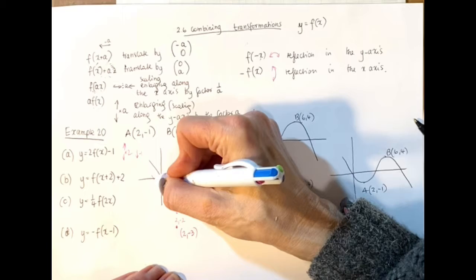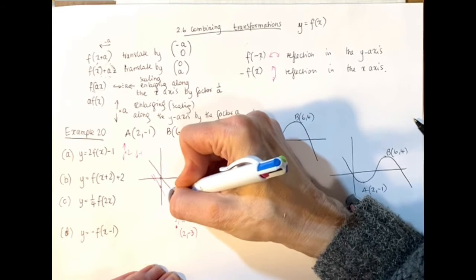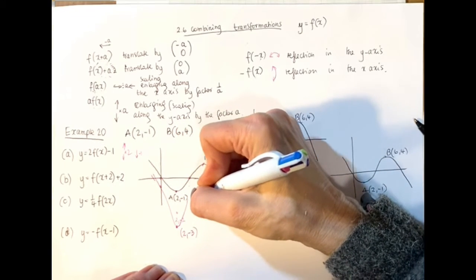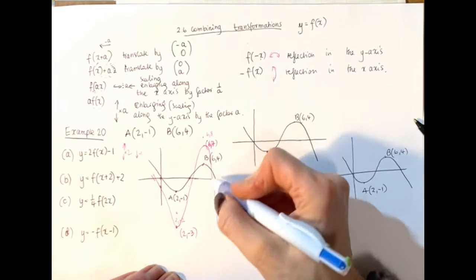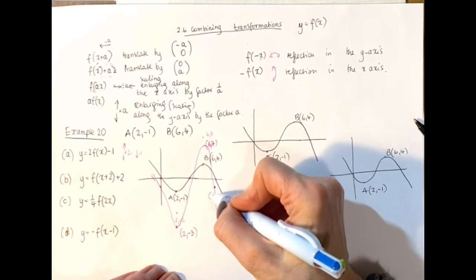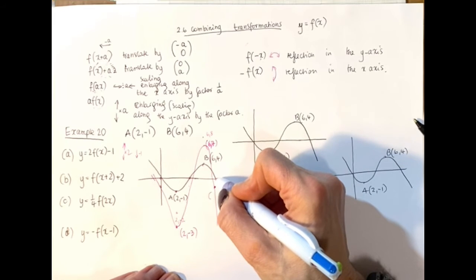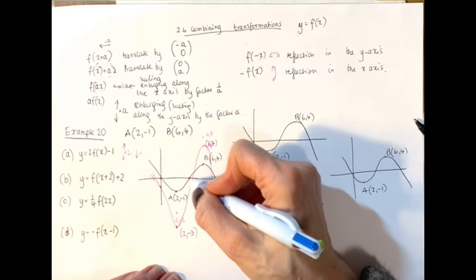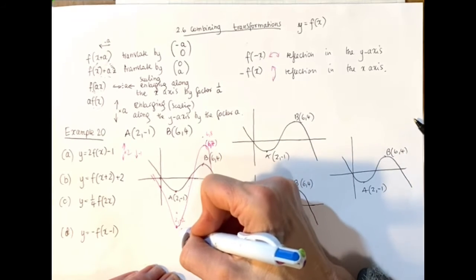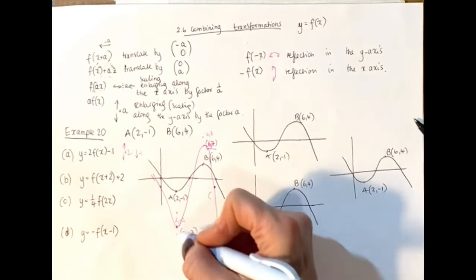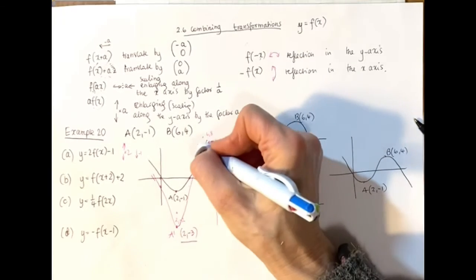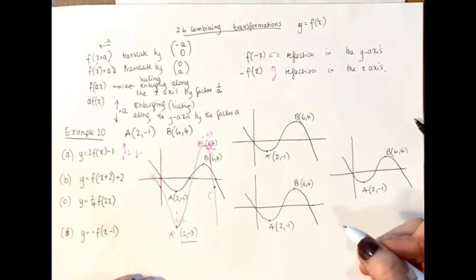And then the shape is very similar, slightly stretched. There you go. So I can definitely say that this point here, whatever the x coordinate, minus 1, but we're only interested in those 2 points. So this is going to be your A dash, and this is B dash.